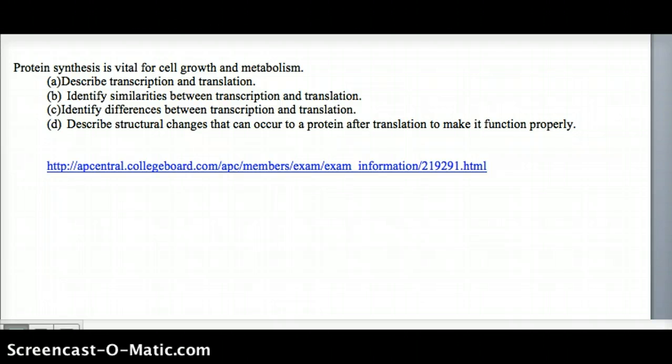So describe transcription and translation. Given that they're looking for more specifics later, I would keep this part really simple and say that transcription is taking DNA and writing messenger RNA from it.